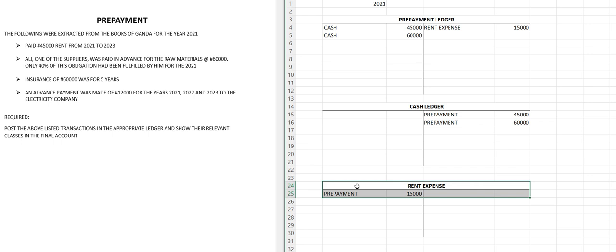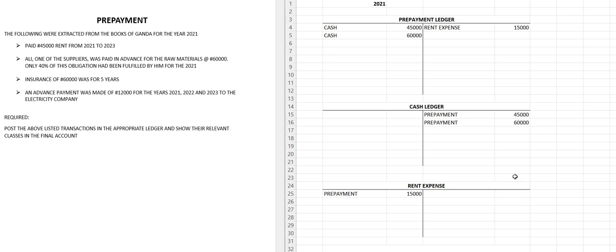Look at it, it says only 40% of this obligation had been fulfilled by him. He was paid 60,000. So what is 40% of 60,000? That's what you look at now.